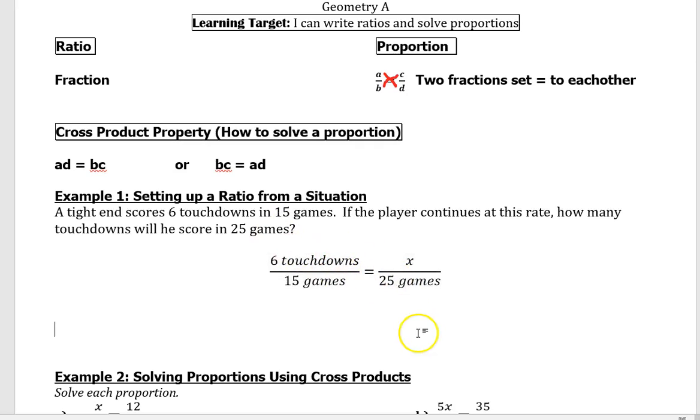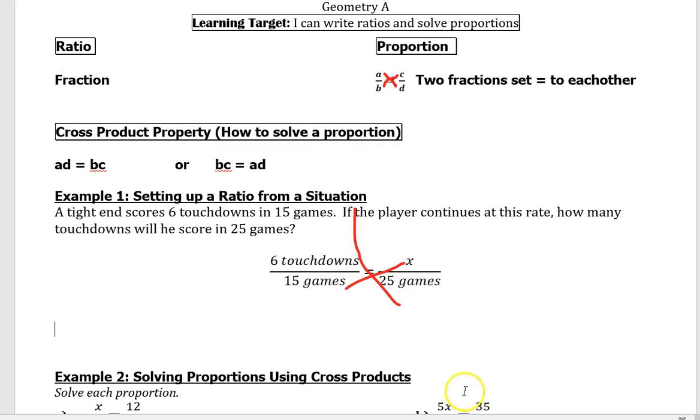So this is the type of proportion I would set up here. So what we would end up doing for our cross products here, and you guys can see that I popped my calculator up here, but let me just go ahead and write in my cross products. I'm going to cross multiply there, those two and those two multiplied together.